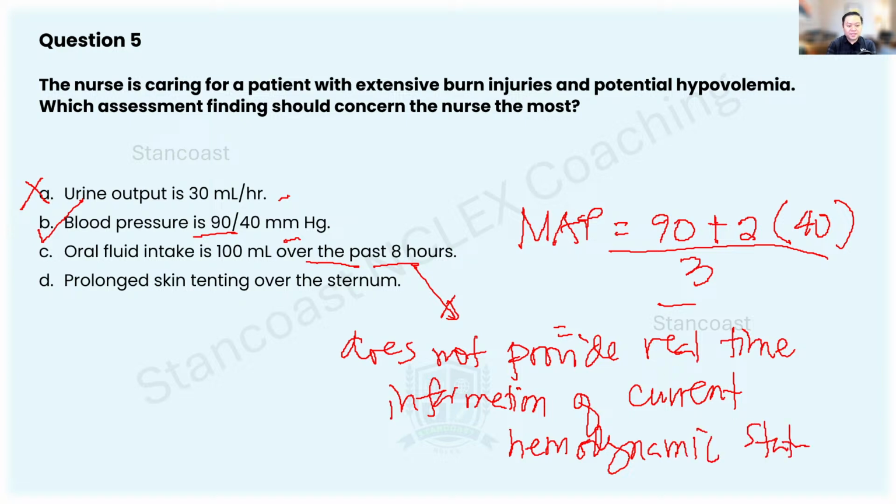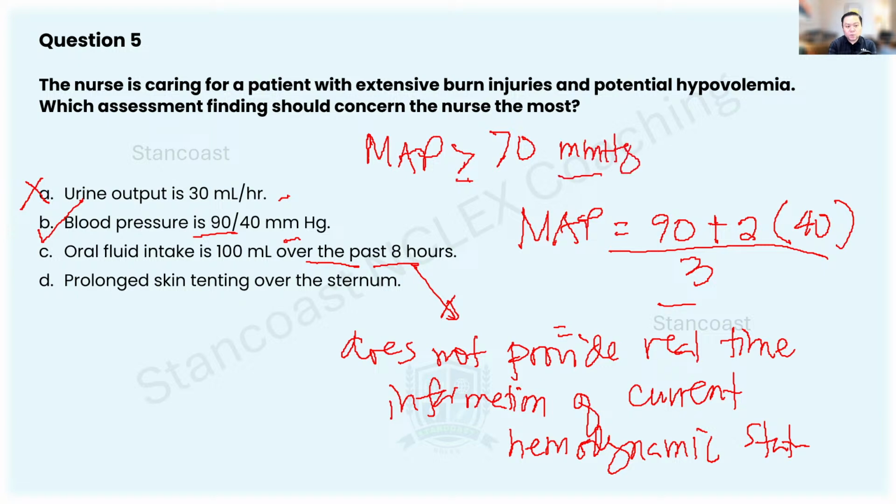Okay, your question, or please explain MAP. The MAP, which is the mean arterial pressure, is the formula that we're going to use in order to detect if our patient is able to maintain perfusion. As we know, the MAP should be at least equal or greater than 70 mmHg.